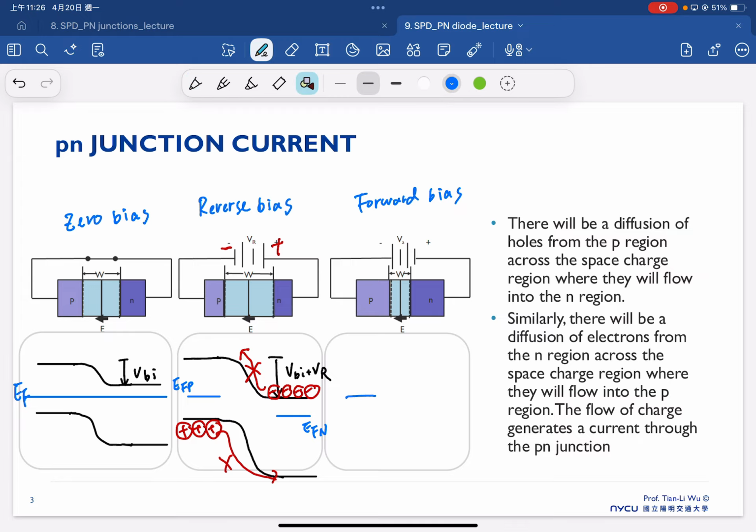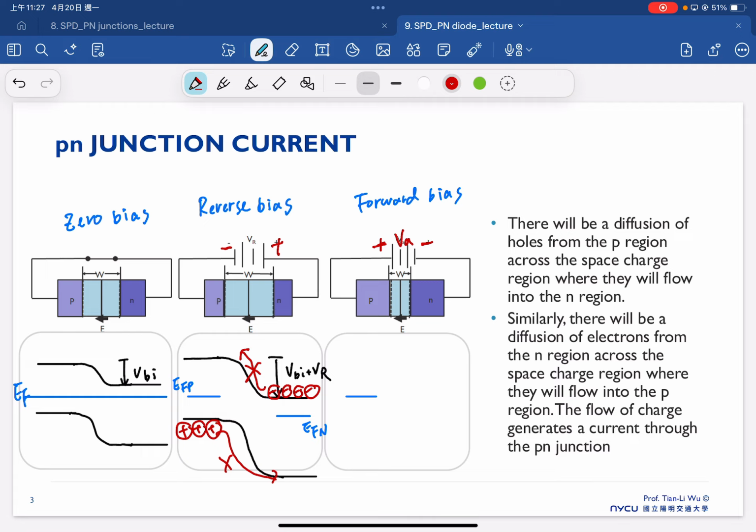We still have the quasi-Fermi energy, but now we apply a positive bias here and negative here, where we apply the VA forward bias.